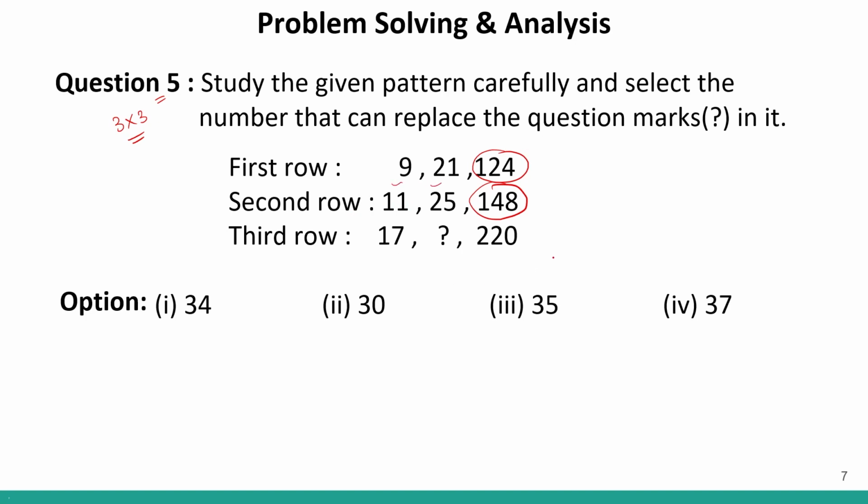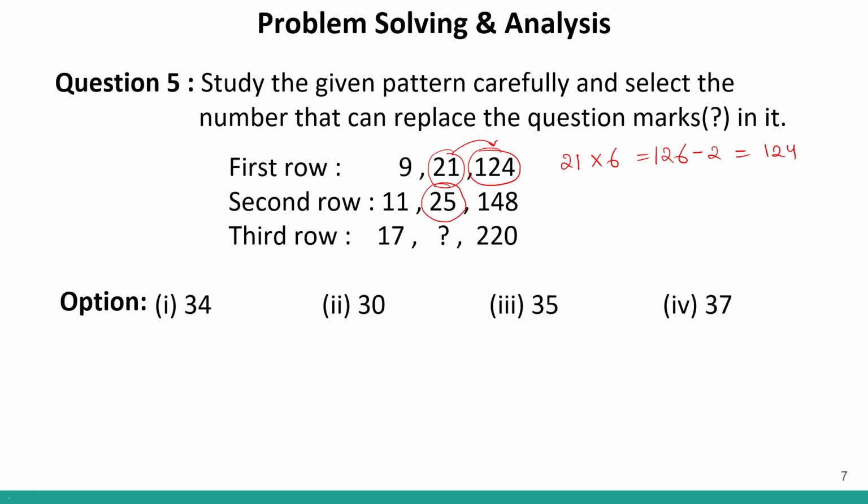So whenever I see a significant increase, I assume this is multiplication, that certain operations are being done. Now, when I look at this number 21 and 124, I can see that if I multiply 21 by 6, I'll get how much? This will be 126. And then I subtract 2, I get 124.